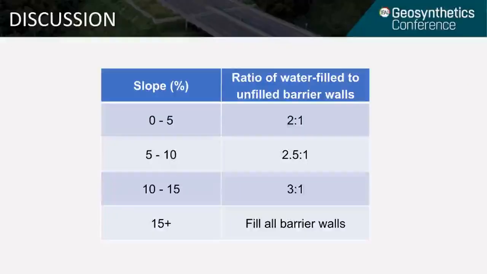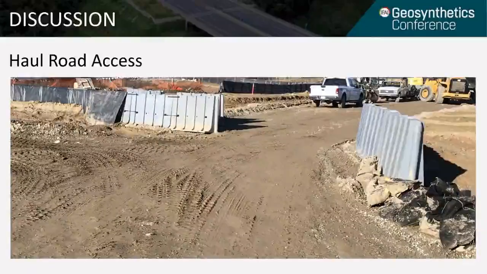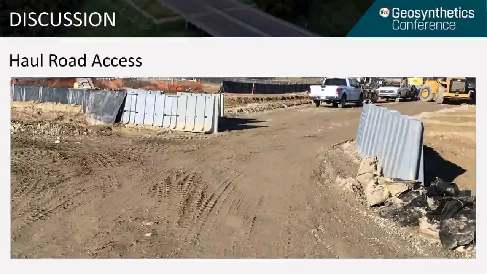Based on our case study, we created this table with recommended rule of thumb ratios of water-filled to unfilled barrier walls to improve basin stability for various slope grades. We found that leaving some barrier walls unfilled allowed for continued use of haul roads during non-storm conditions, and then if a storm was forecasted, the contractor could quickly reconnect the unfilled barrier walls.